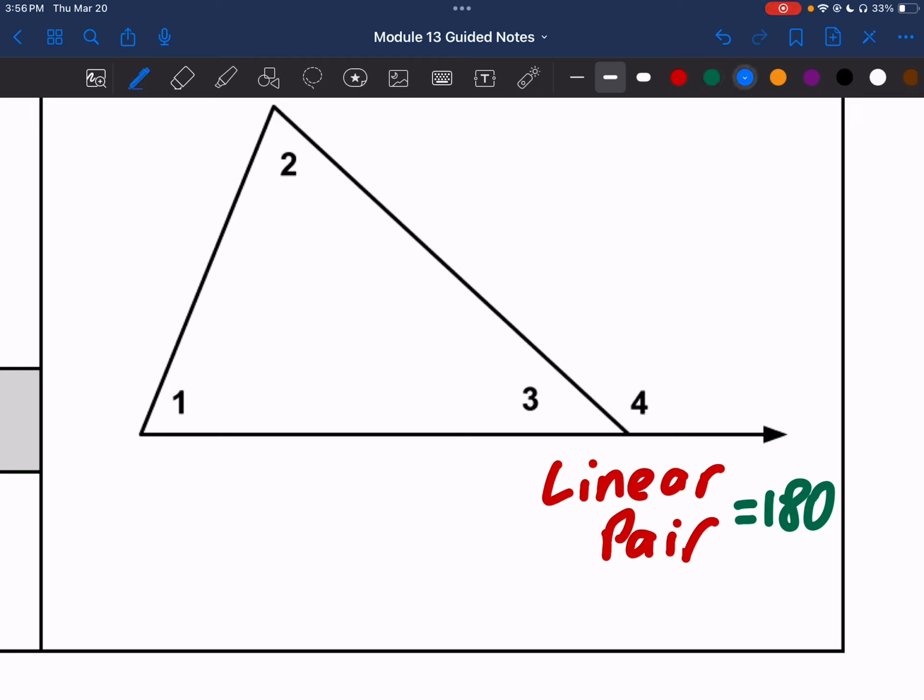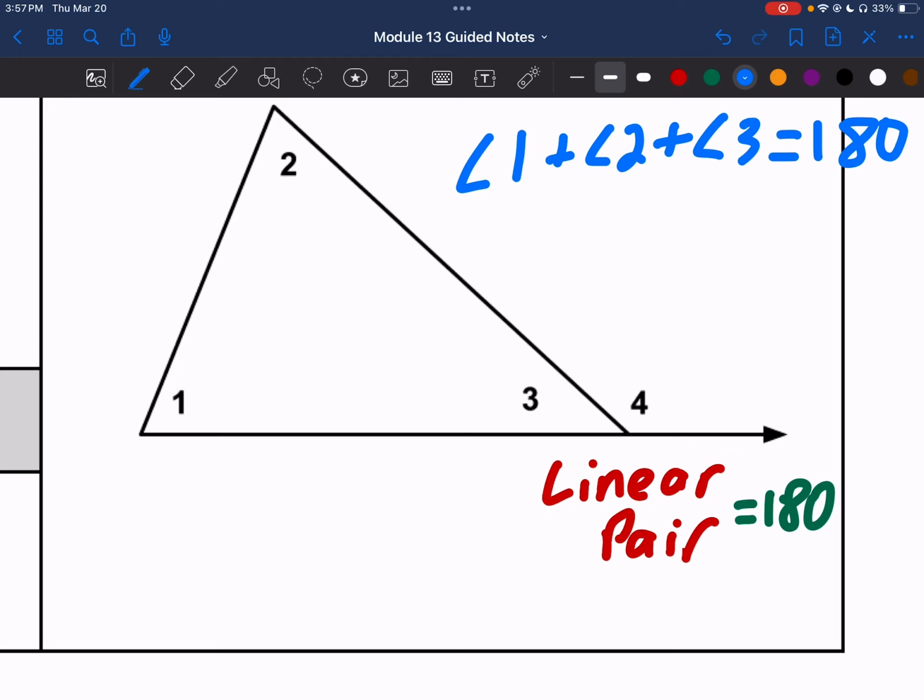Then if we look at the fact that we have a triangle, angle 1 plus angle 2 plus angle 3 is equal to 180. And we've got angle 3 plus angle 4 also equals 180.